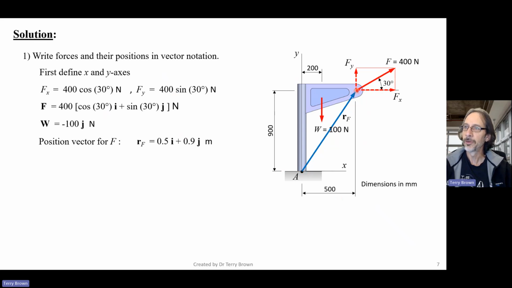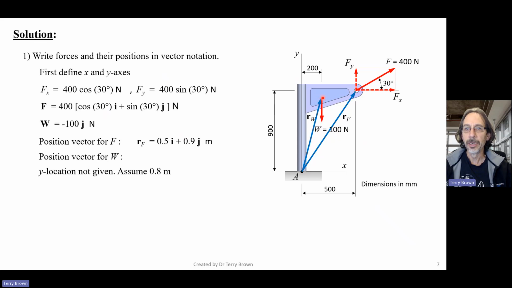It's just the coordinates of this point here: 0.5 meters times the unit vector i in the x direction plus 0.9 j, the unit vector in the y direction. Let's now do the position vector for W, and same thing. In this case I've just put the position vector to this point here.